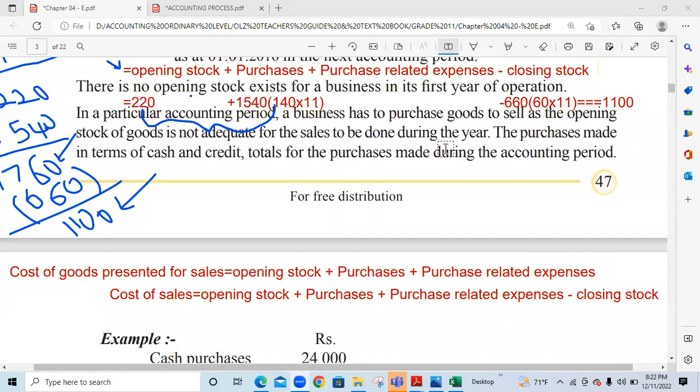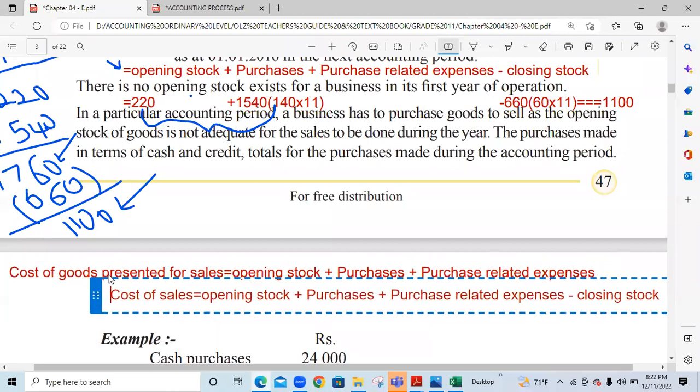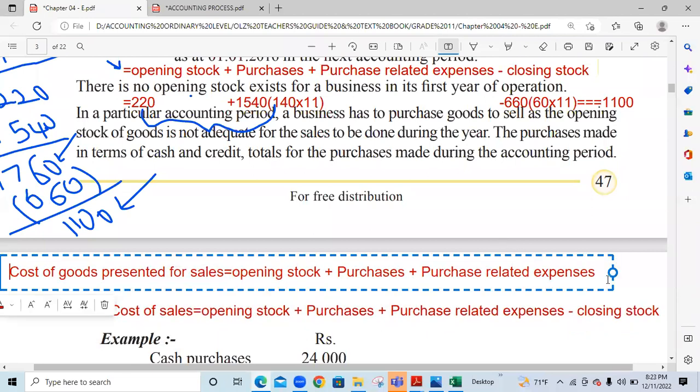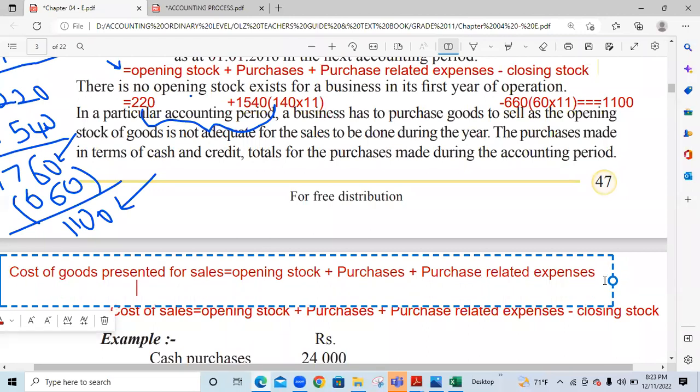So now guys, if you ask me in the previous example, what is my cost of goods presented for sale? How much worth of goods did you present to your customer, did you tell your customer they can buy? Guys, that is opening stock of 220 plus the purchase of 1,540.